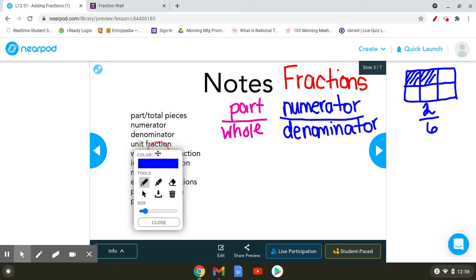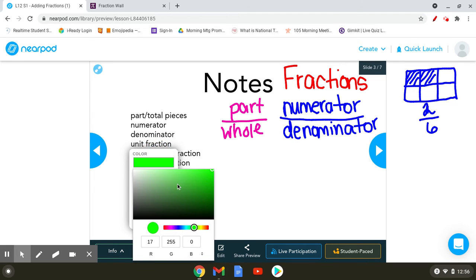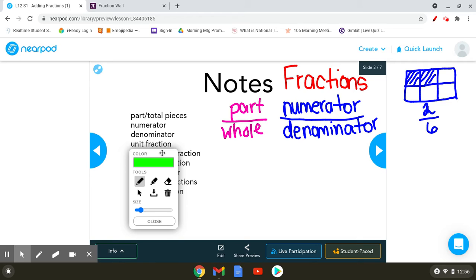All right, so the next thing that I want to talk about is a unit fraction. So let's write down unit fraction. All right. So a unit fraction, I'm going to give you some examples first. So we have 1/3, 1/8, 1/9, 1/12.